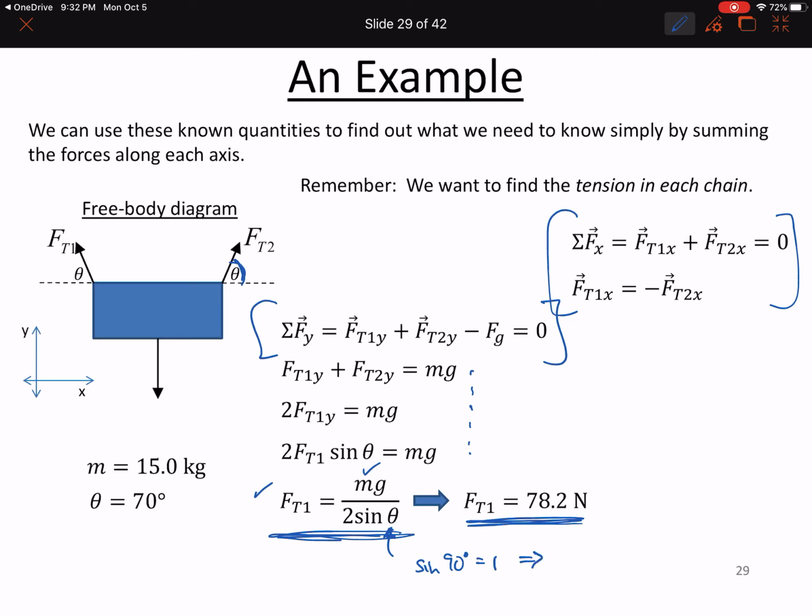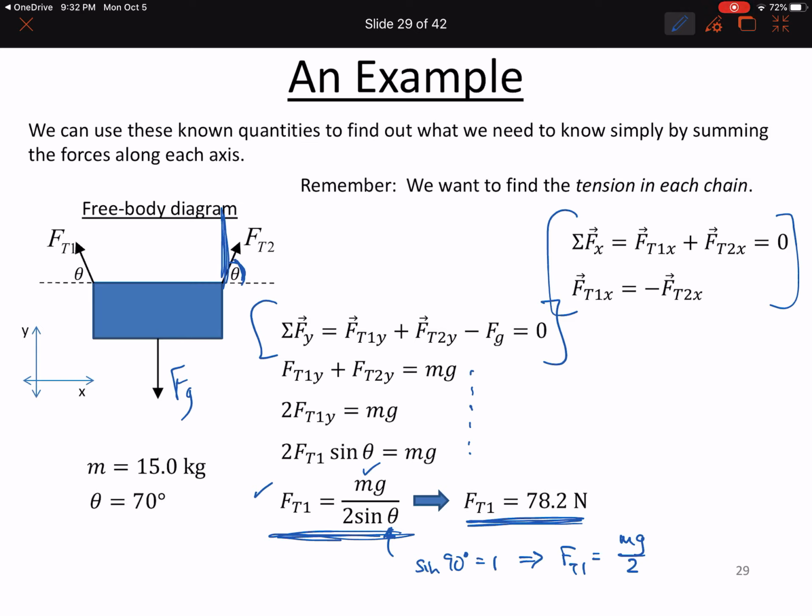So that would mean the tension in the line would go to mg divided by 2, like if it was vertical, straight up and down, right? Theta equal to 90. That makes sense. If you have two chains, they're straight up and down, so there's no x component. They should each bear half the load of canceling out F sub g. Cool. So that end checks out.